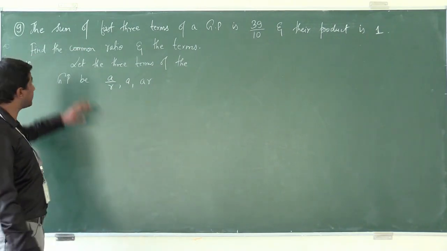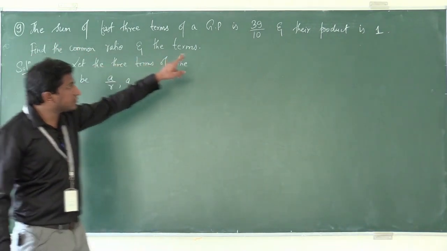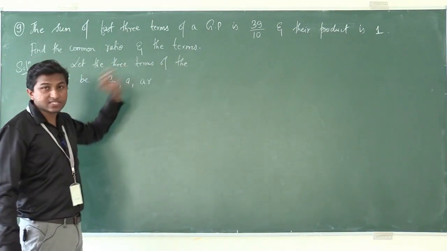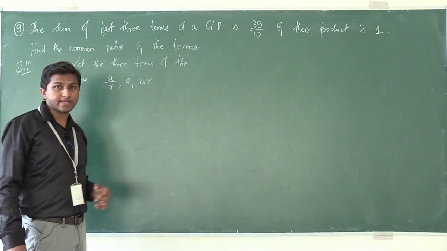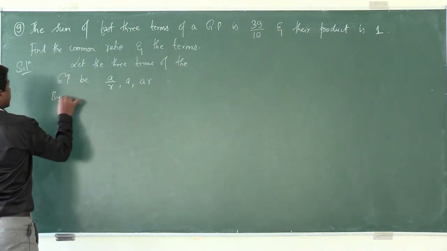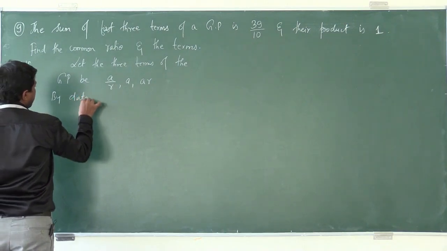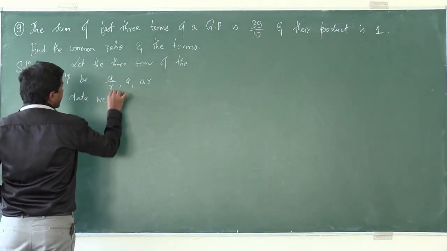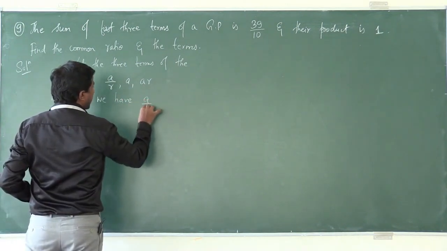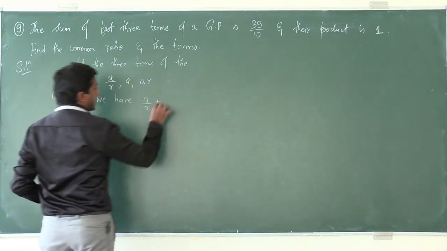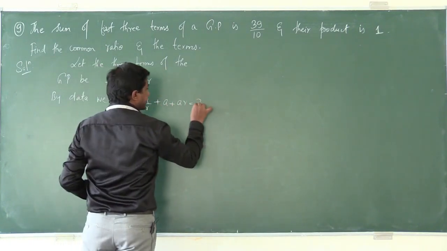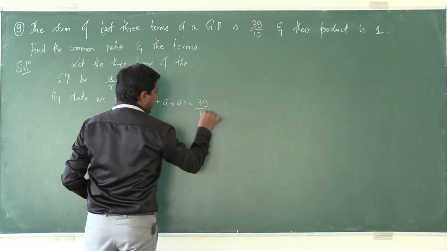What is given there? Sum of first three terms is 39 by 10. So sum of these three terms we have to write as 39 by 10. So by data we have a by r plus a plus ar equals 39 by 10.